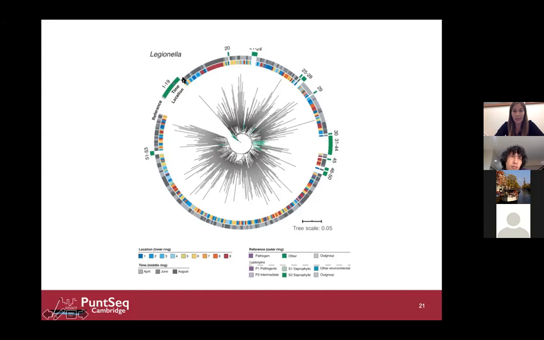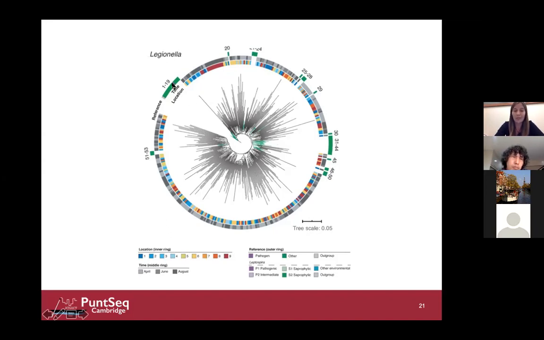And now the second inner circle, these are just our reads. These are the different time points that the reads were taken from. And then the inner ring shows the different locations, to see if there's any pattern there. In short, what we see here is that our reads cluster together with a wide range of different non-pathogenic Legionella species.